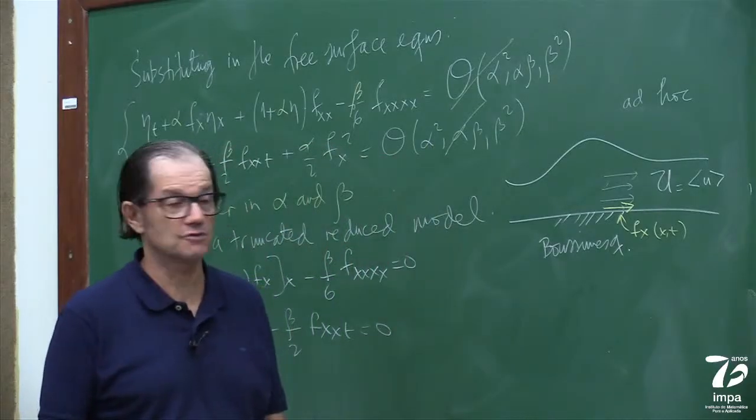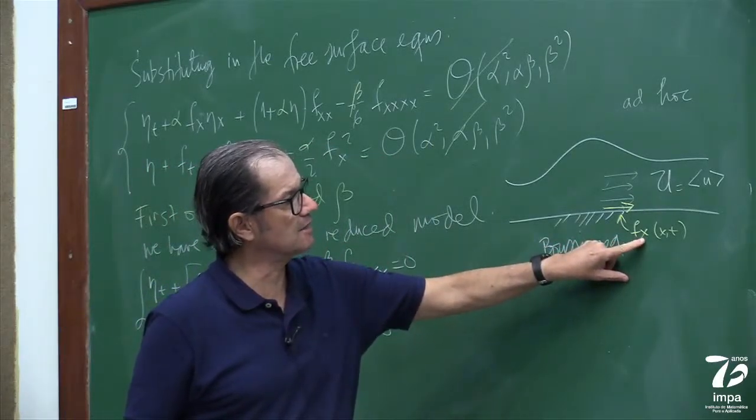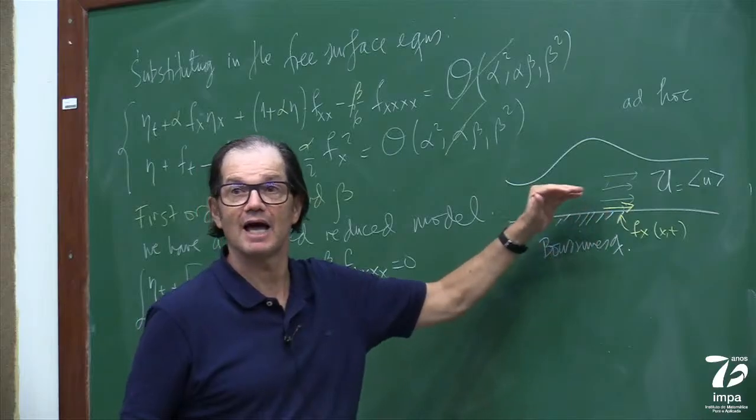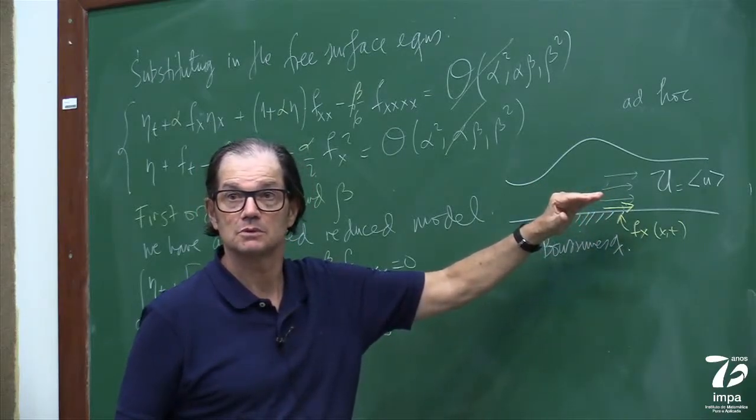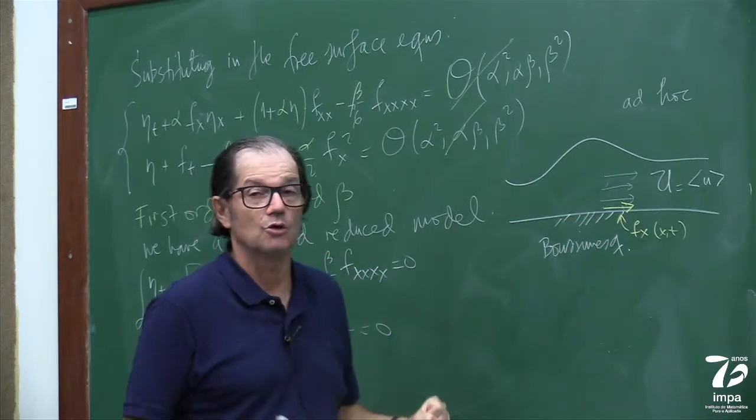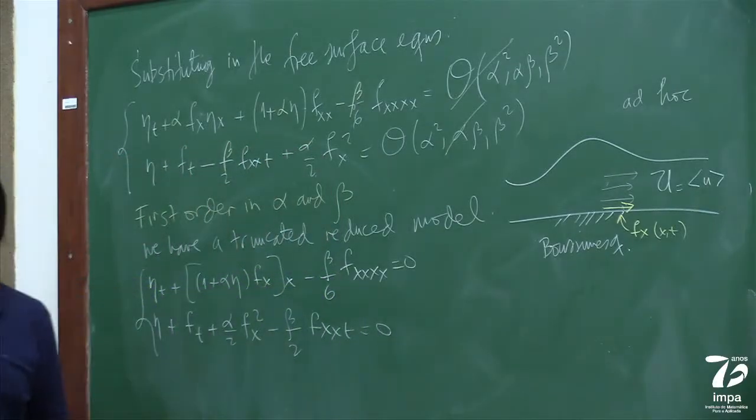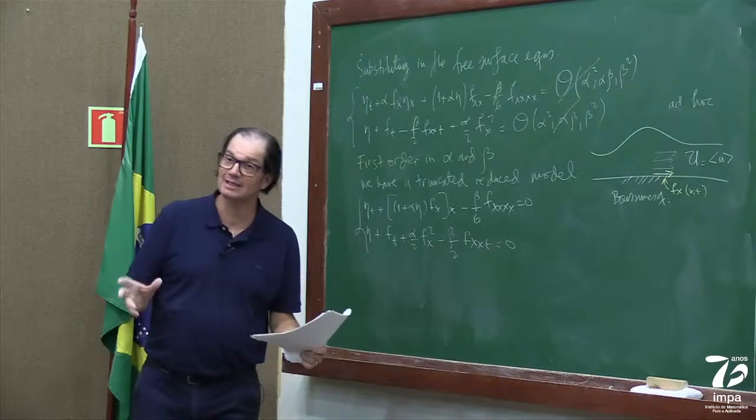Convince yourselves, df/dx is the horizontal speed at the bottom. So what we need to do, in a systematic way, not ad hoc.